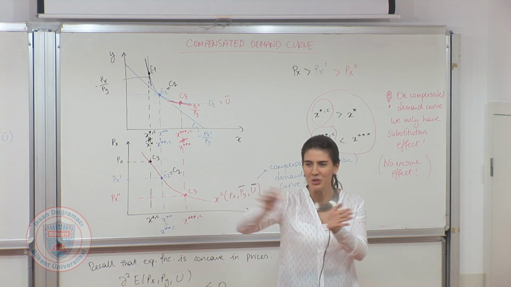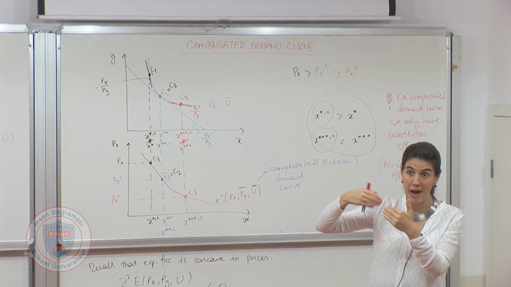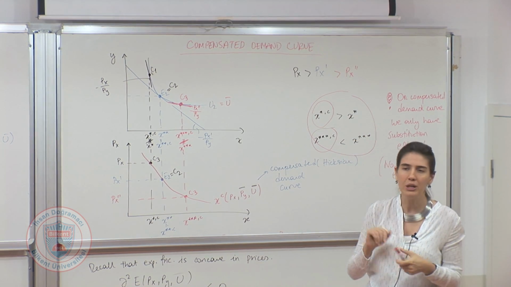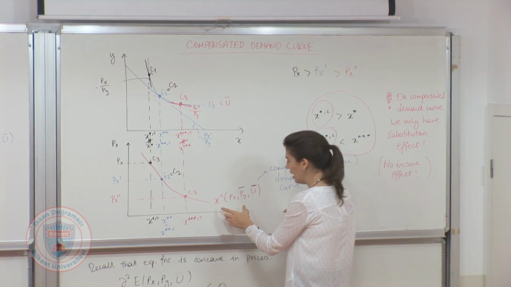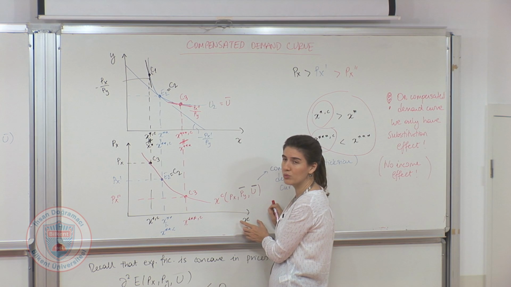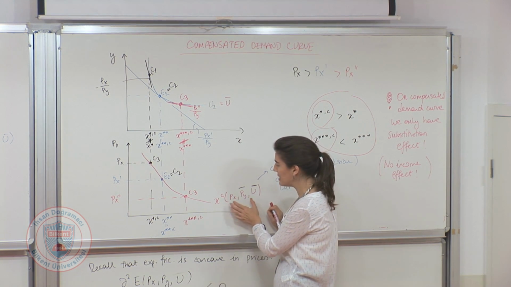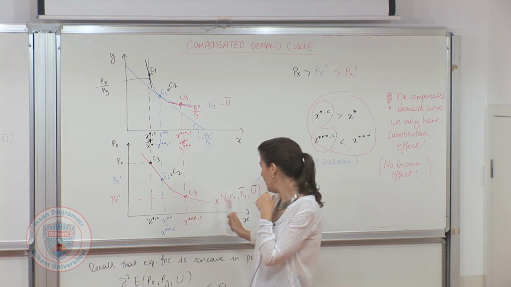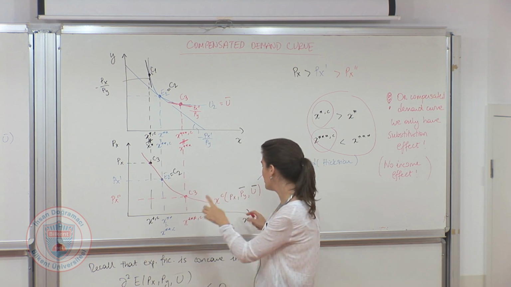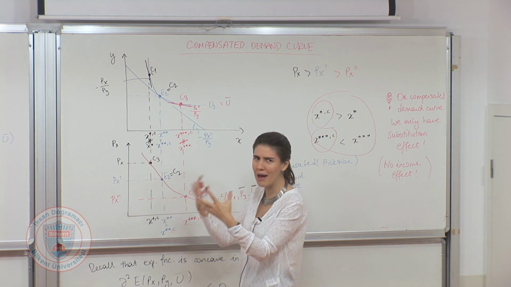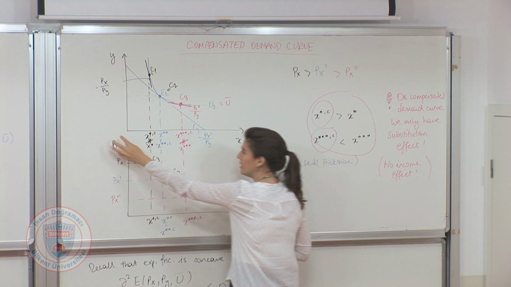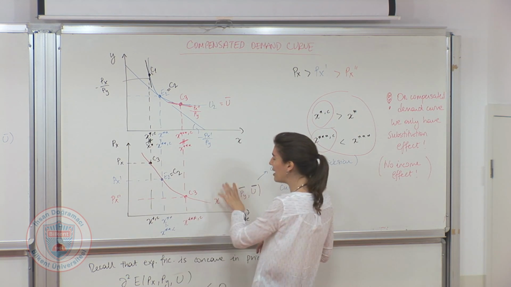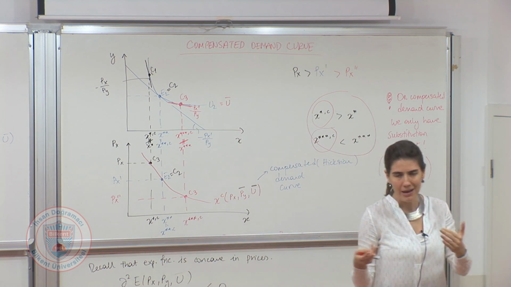Because px is the one which is changing, right? It's the parameter which changes, and then we know what's going to happen to the quantity of x that you would like to consume, right? So basically, the real demand curve, you should write x here and px here. The one that we plot here is called inverse demand curve.